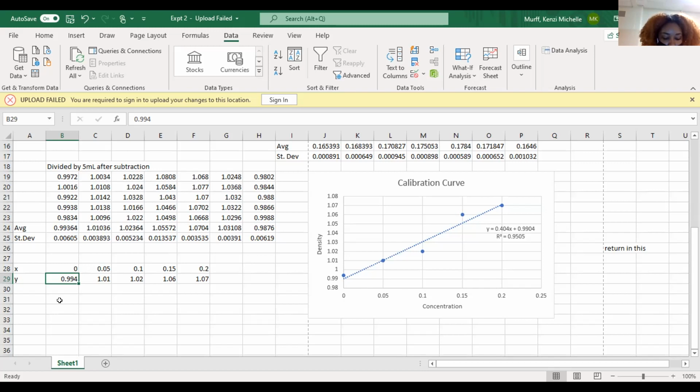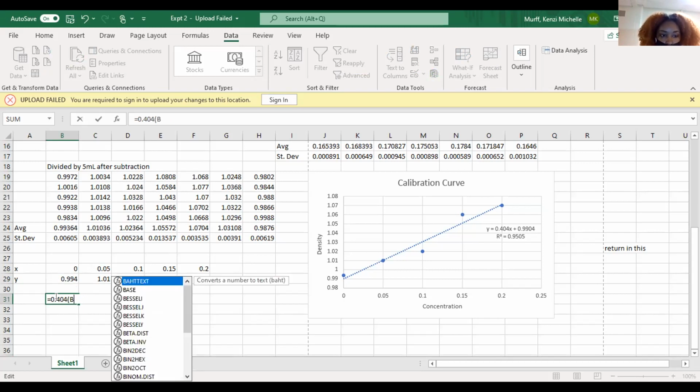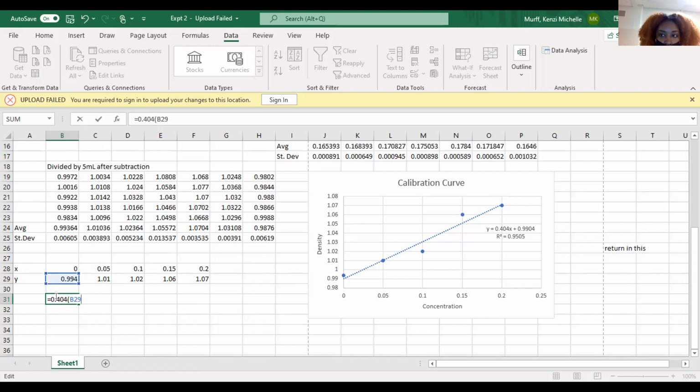Here, just click in B31, that cell. And then type $, 0.404. Change that 0.994 to B29. And then just put parentheses.